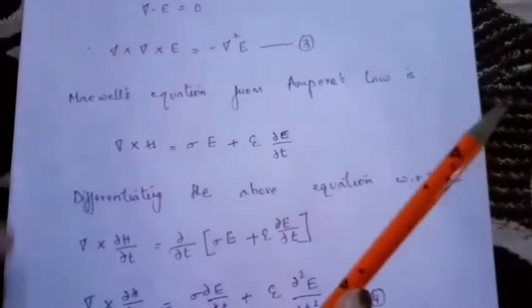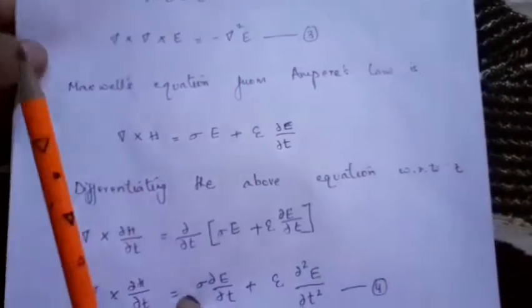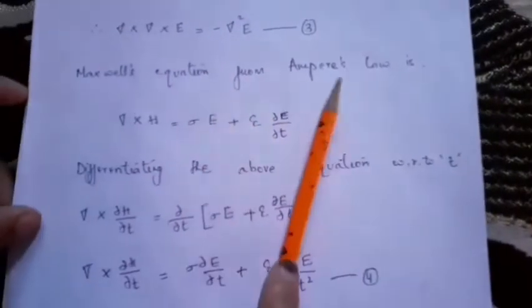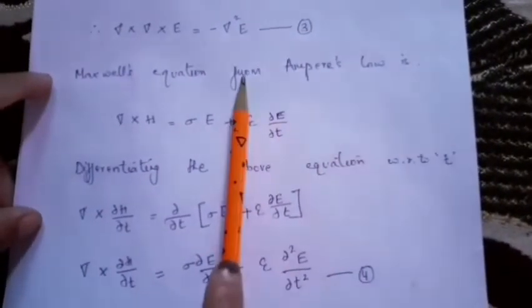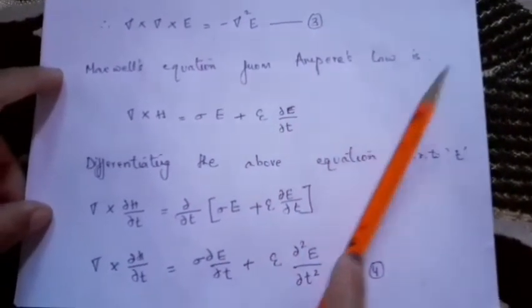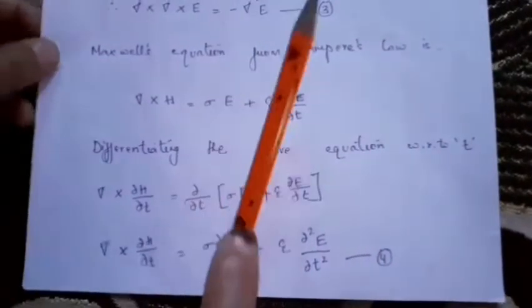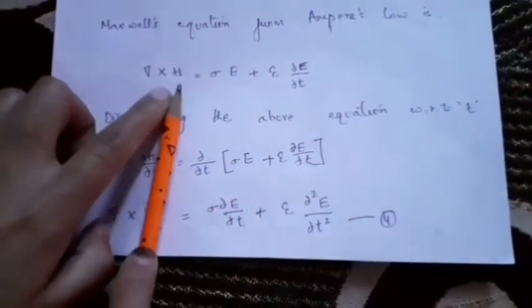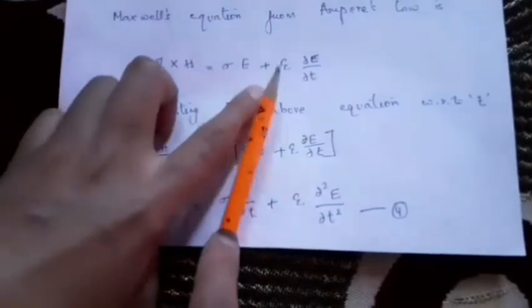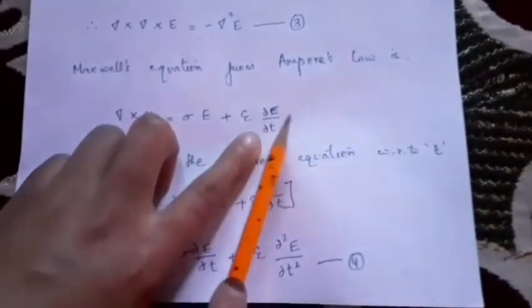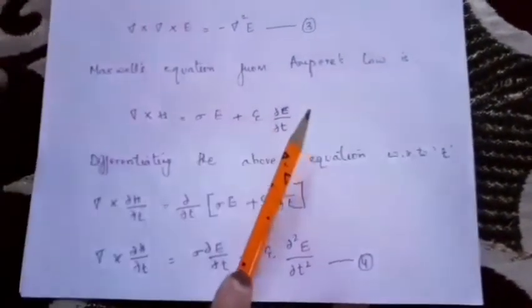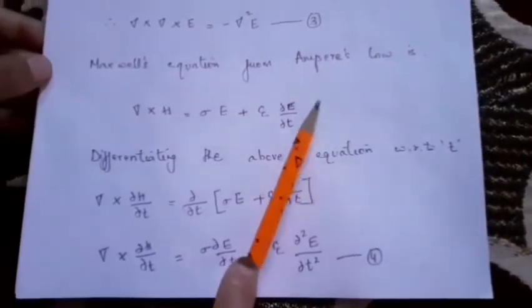Come to the right hand side. For the right hand side, what are we going to consider? Maxwell's equation from Ampere's law. Maxwell's first equation, that is del cross H equals sigma E plus epsilon naught dou E by dou t. Correct? So this is Maxwell's first equation.